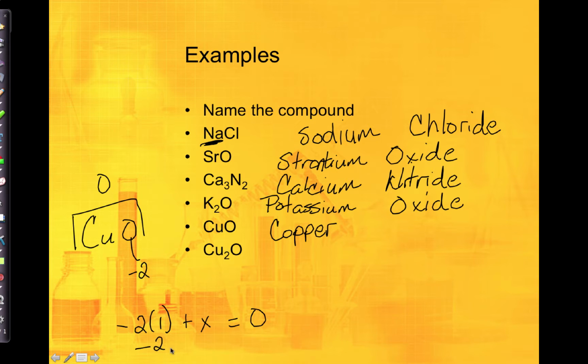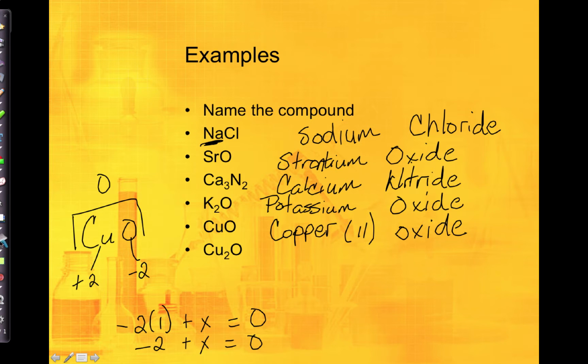Well, in order for this to equal 0, I have to have a +2. So that means that this copper atom has a charge of +2. So it's going to be copper, Roman numeral 2, oxide.